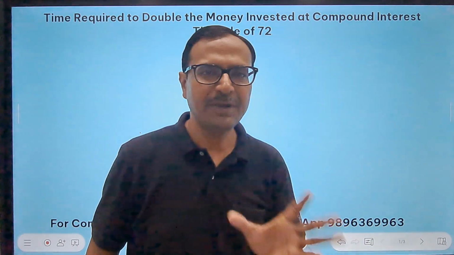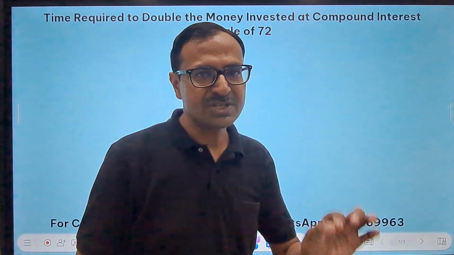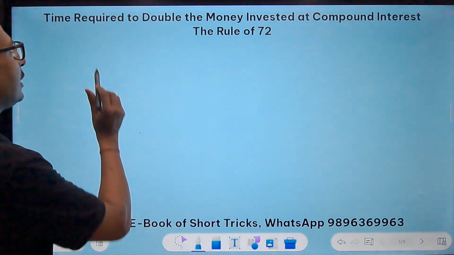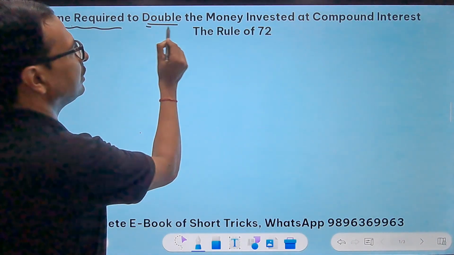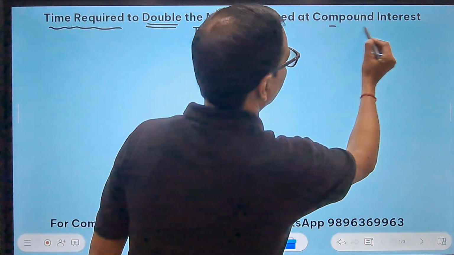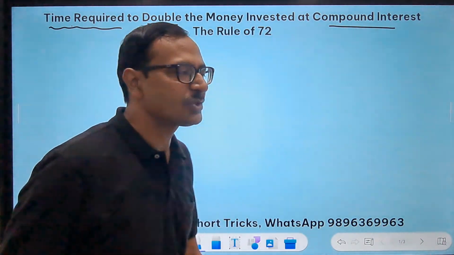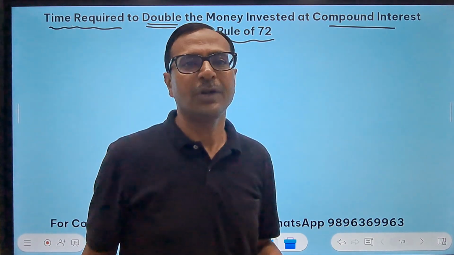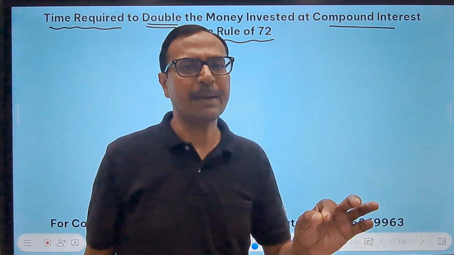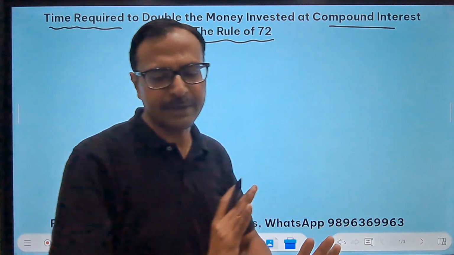So here we go, and let's have the first rule. I'm going to take up how much is the time required to double the money invested at compound interest, and this rule is known as the rule of 72. Now what is the rule of 72? For that I am going to write a very simple formula here.